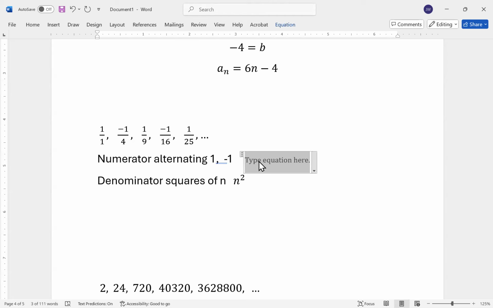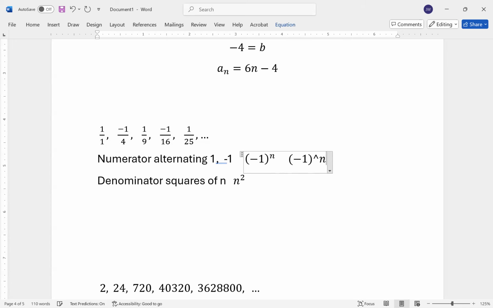So negative 1 to the nth power alternates in such a way that when you plug in odd numbers, you get a negative 1, and when you plug in even numbers, you get a positive 1. I want the opposite to happen. Let me rephrase that. I want it so that when I plug in an odd number, I get positives, and when I plug in an even number, I get negatives.